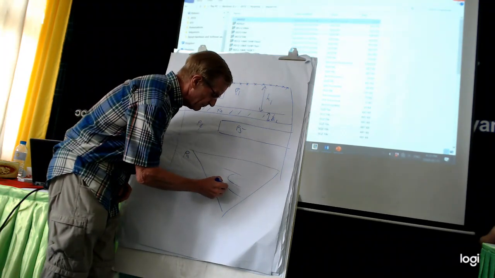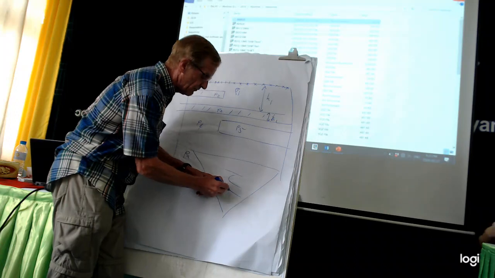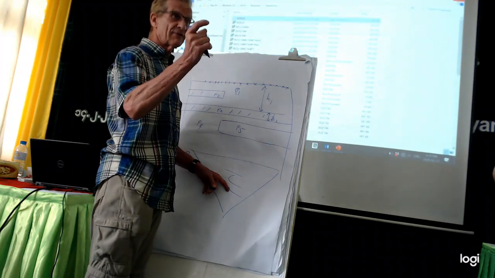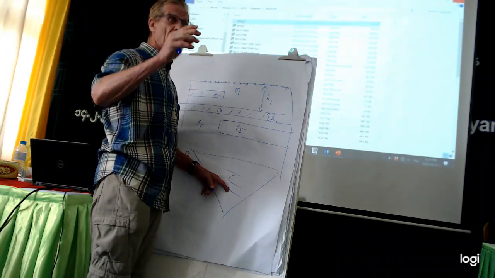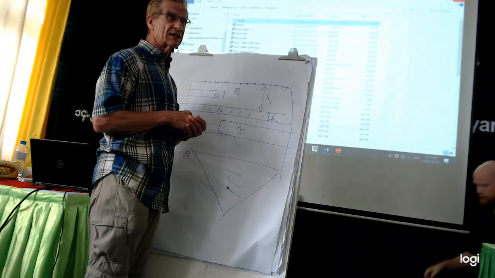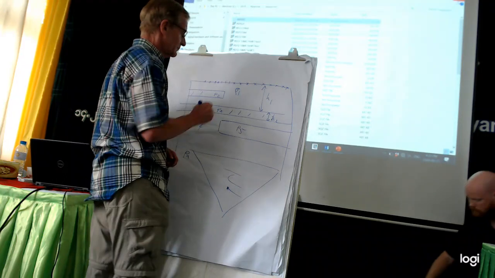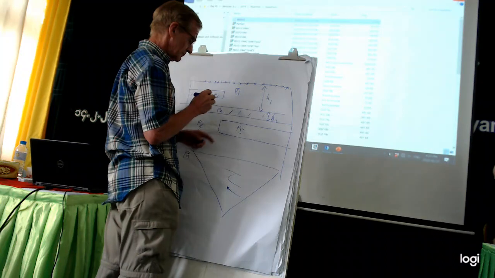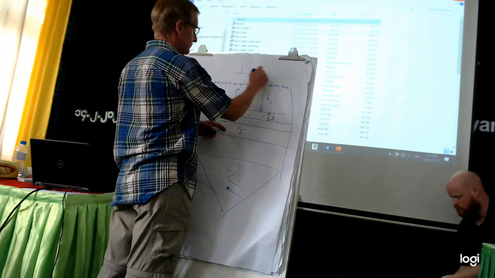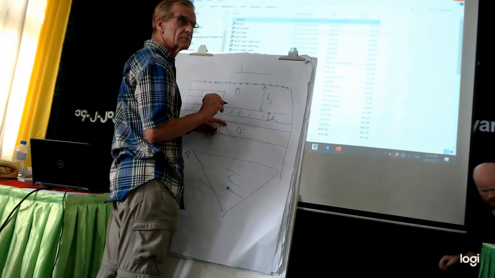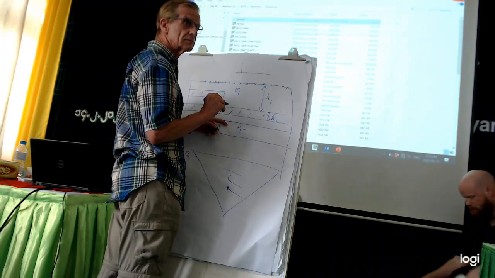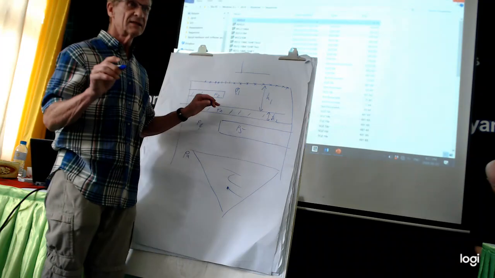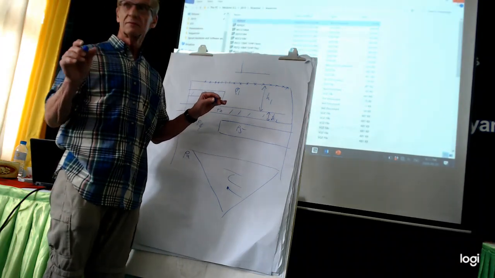So for some value of resistivity in here, if that difference is large compared to your noise, then you have a chance of seeing this. So is that concept understandable?